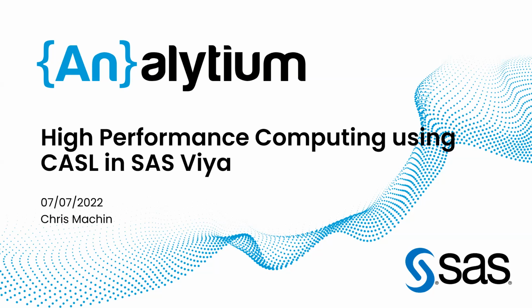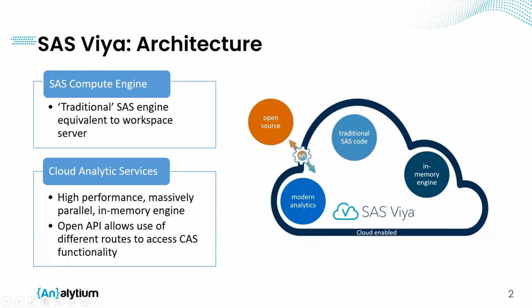It's a bit of an extension to the talk I did last time, which was just an introduction to CAS really, but this is more specifically around CASL and how we might use that. So let's go.